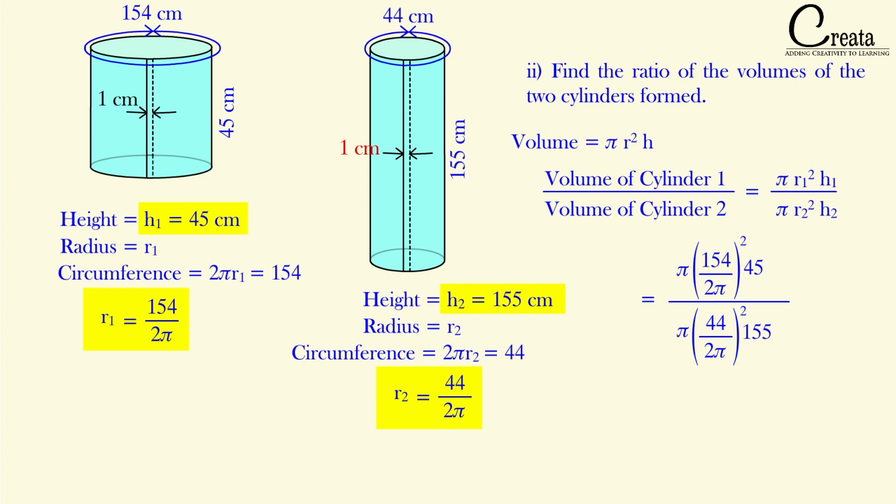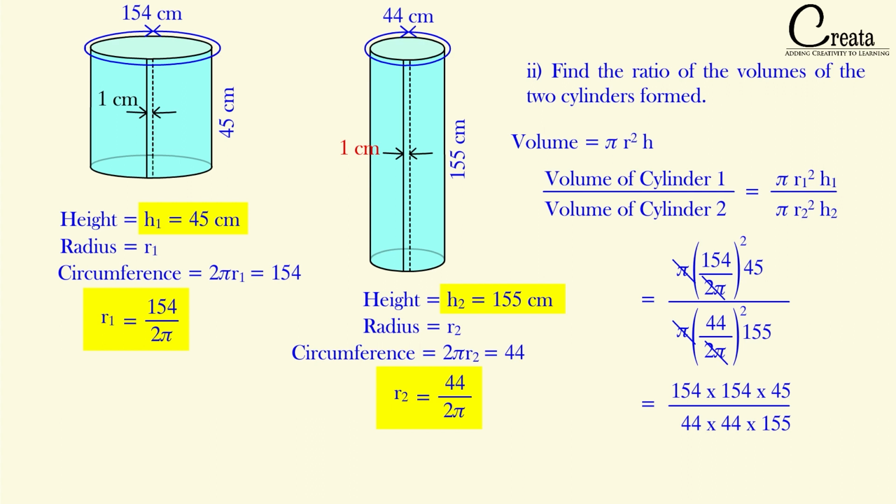The radii r1 and r2 we have calculated in the initial part of the question. The reason we have not solved for the radius, you will understand here. Here pi and pi will cancel out. Here 2 pi square and 2 pi square will cancel out. We got 154 into 154 into 45 upon 44 into 44 into 155.